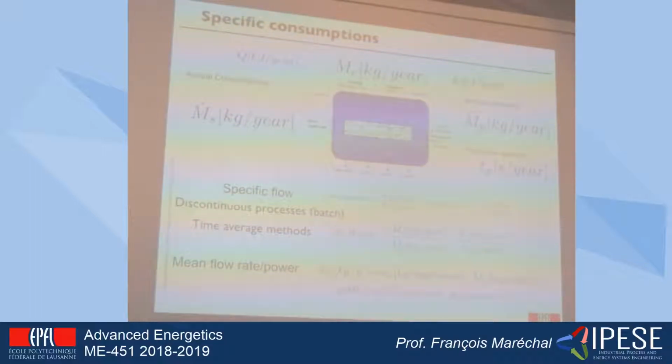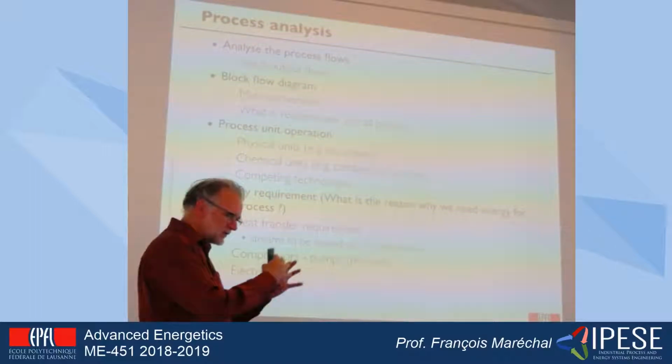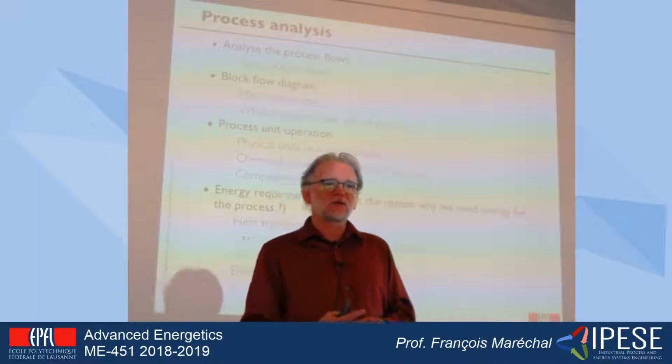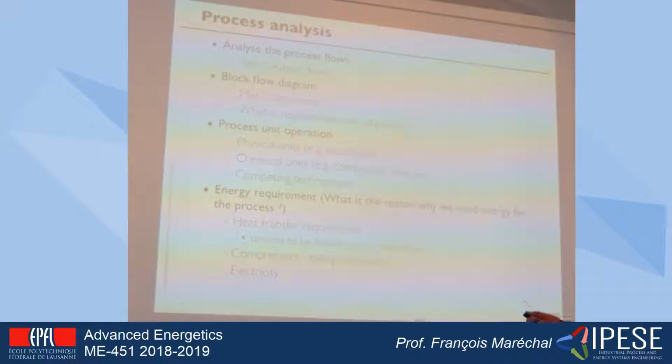Now, how do we analyze the process units that are happening there? The first thing we have to do is to make the flow sheet, so the interconnections of the different process units in such a way that I have a flow that is going from the inlet to the outlet.